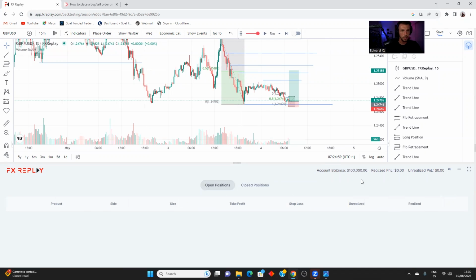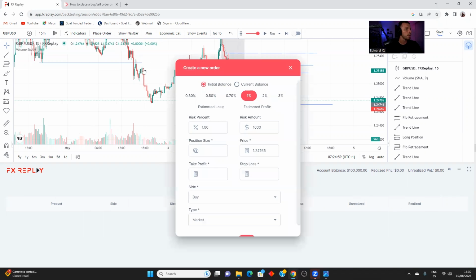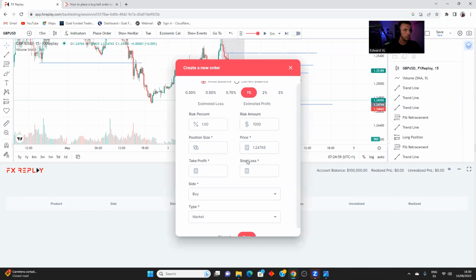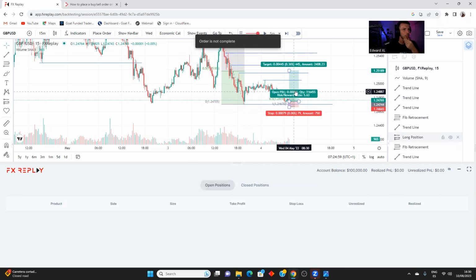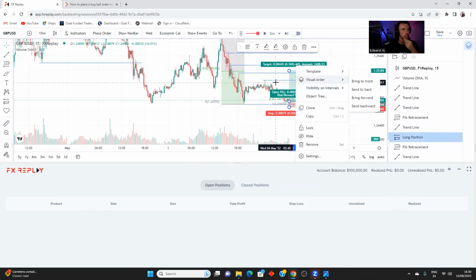Balance 100K. Place order, 1% risk. I'm not sure, may I do it through here?